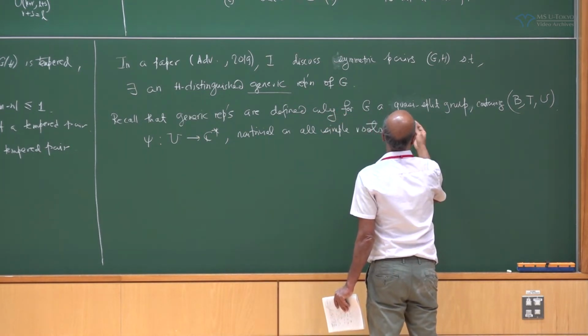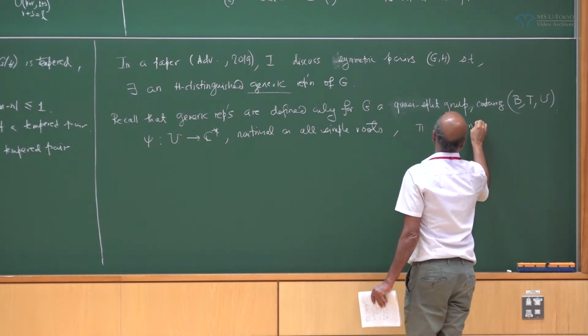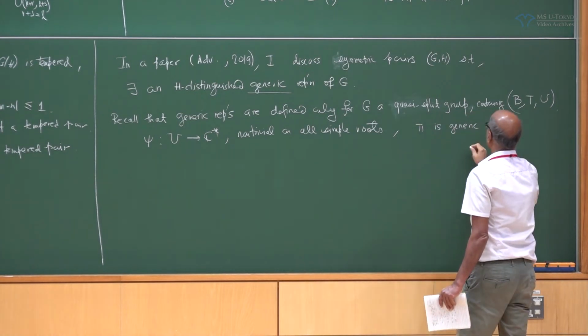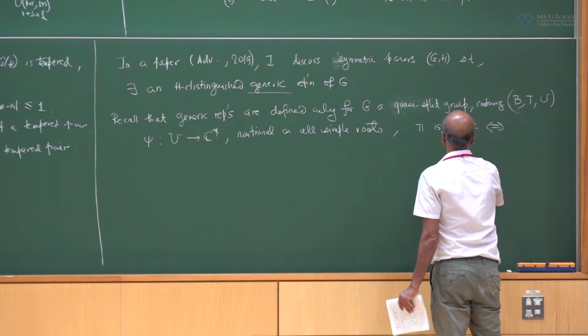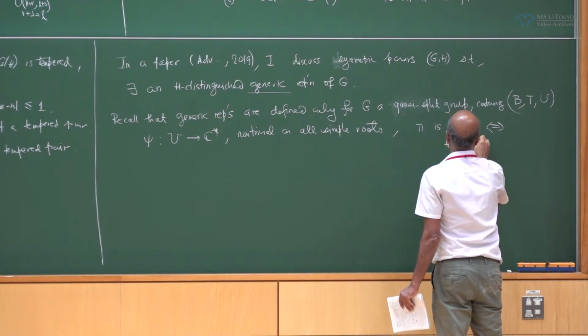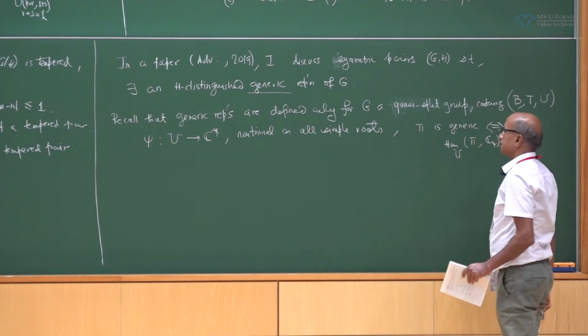And then one says that pi is generic if and only if this Hom space Hom U of pi with C psi is non-zero.